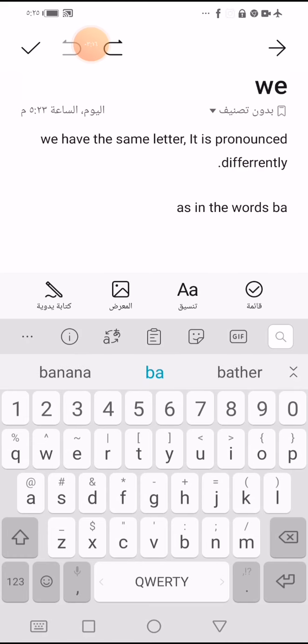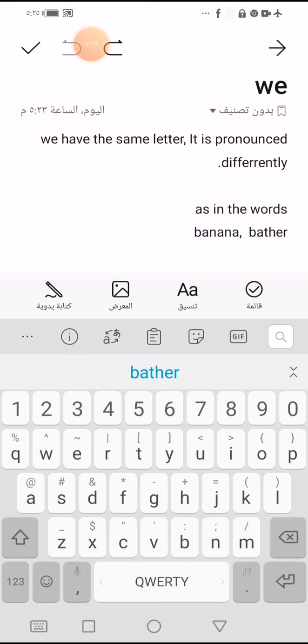As in the words banana, bather, man, and then the word many.